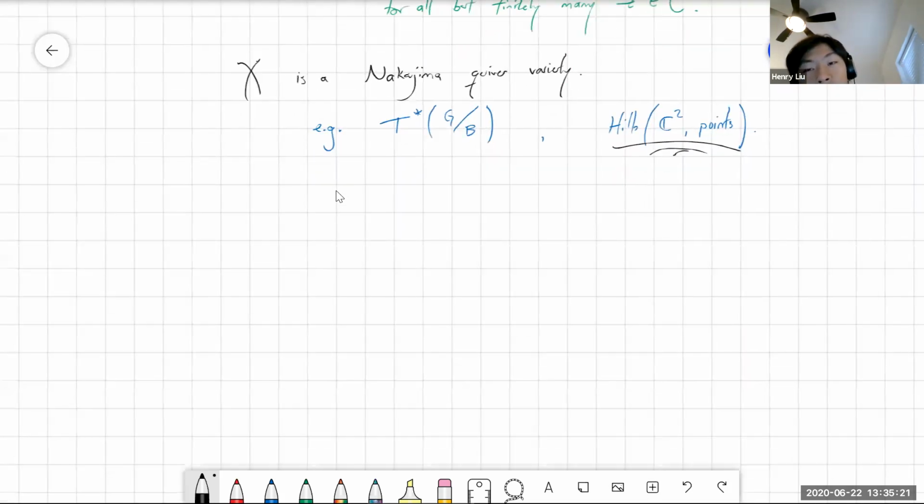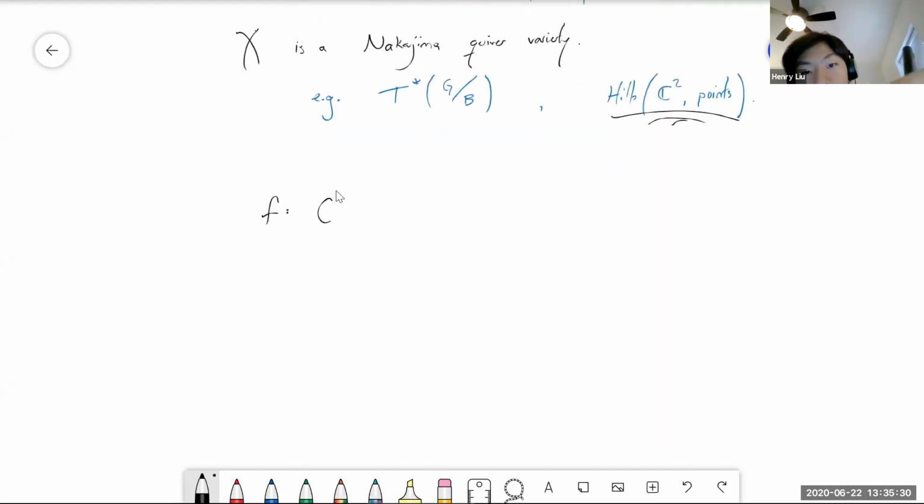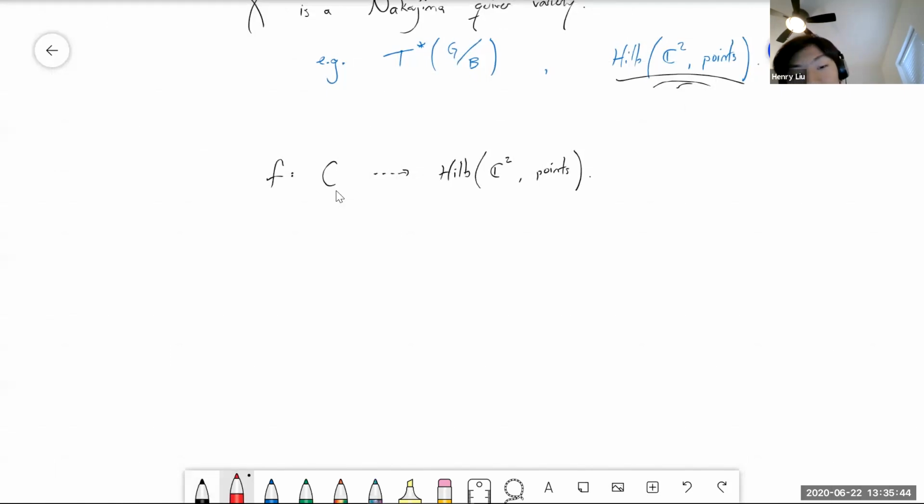And roughly speaking, the answer is, if you think about a quasimap from a curve C to Hilb of C^2, so what really is this? If you try to graph this, right? So here's your curve C. Maybe here's the C^2. Here's your curve C.